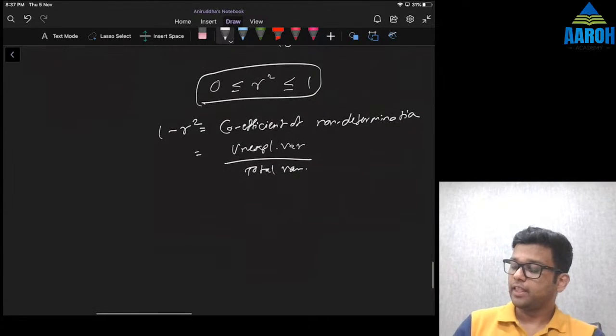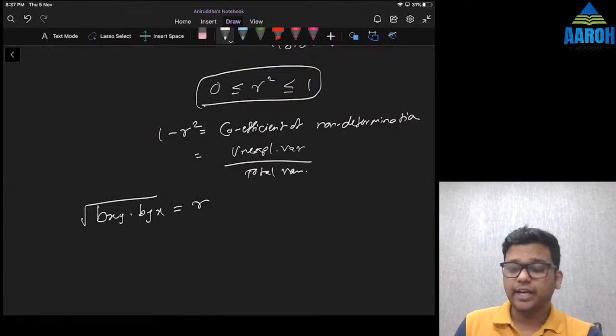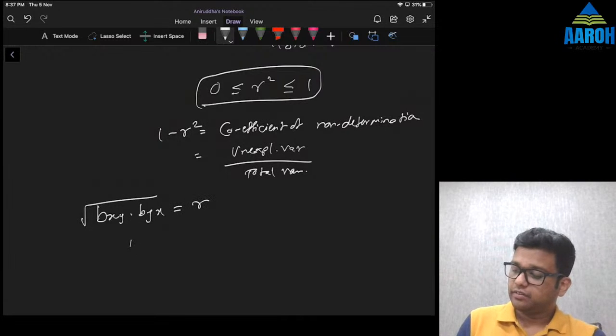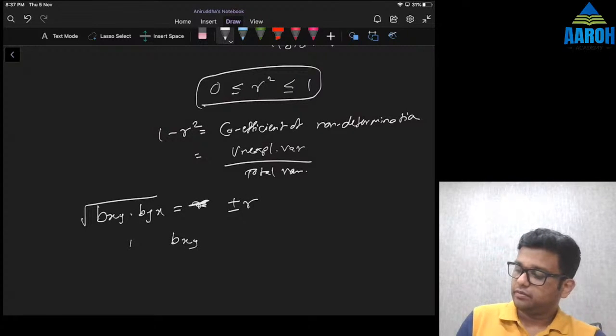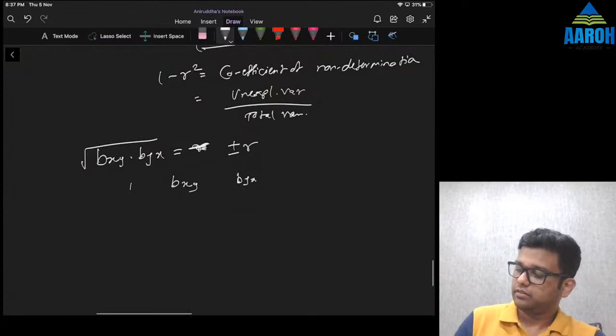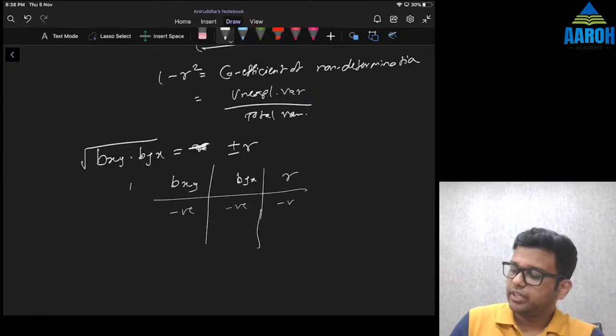Then the square root of bxy into byx is r, right? But we write it as plus minus r. Why plus minus r? If byx and bxy both are negative, r will be negative.